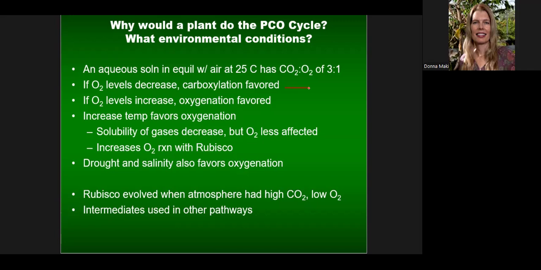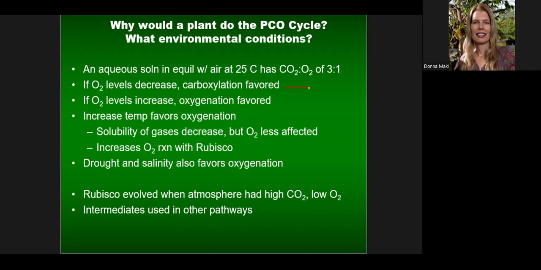These last 2 bullets go back into the big philosophical question of why is Rubisco sloppy? Why didn't it figure out to just take CO2 into its active site and react it with RuBP? But when Rubisco was first evolving, it was a couple billion years ago, before plants were on the planet, it was bacteria doing this.